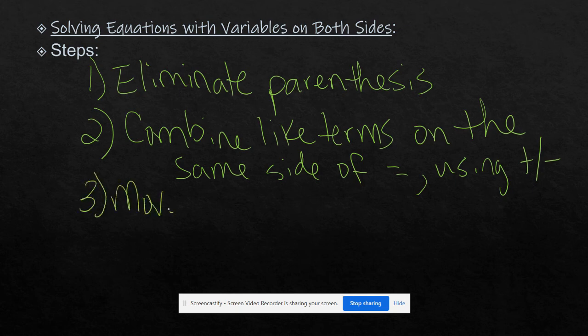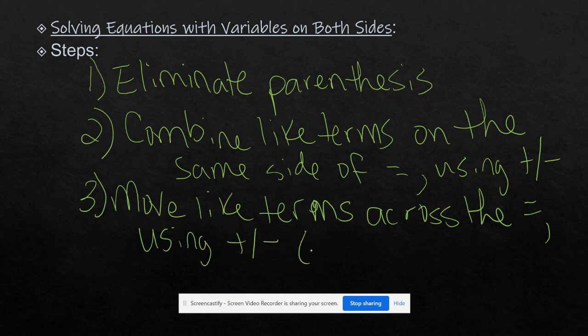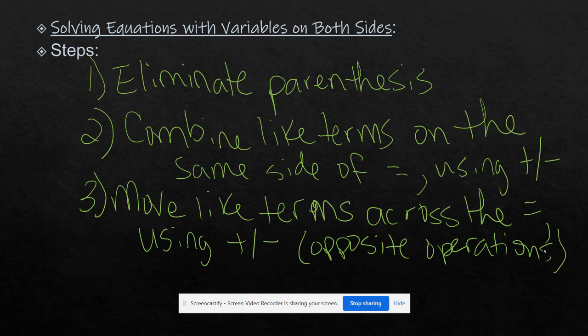Then we'll move like terms across the equal sign using adding or subtraction opposite operations. We want it to be so that we have non-variables on one side and variables on the opposite side.